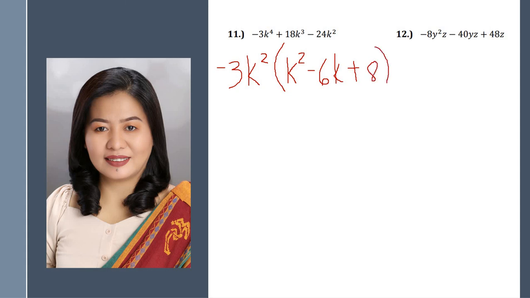So factors of 8 that give you a sum of 6. So that will give us k minus 2 and k minus 4.